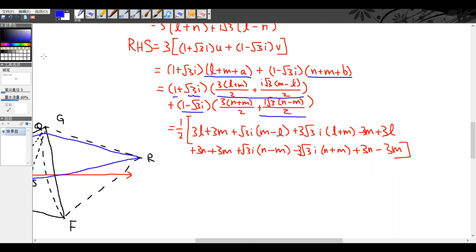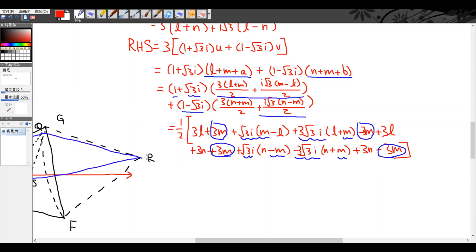And now let's see things that we can cancel in this equality. So this 3n is cancelled with this 3n, and this 3m is cancelled with this 3m, and this square root of 3 times i times n is cancelled with this minus 1, and this m is cancelled with this negative 1 as well.